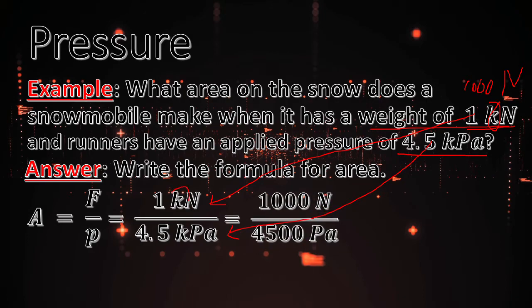Okay, it's converted. We actually just take away our K here, making it in a longer form. Then using your calculator, you can solve for our area, which is 0.22 meters squared.